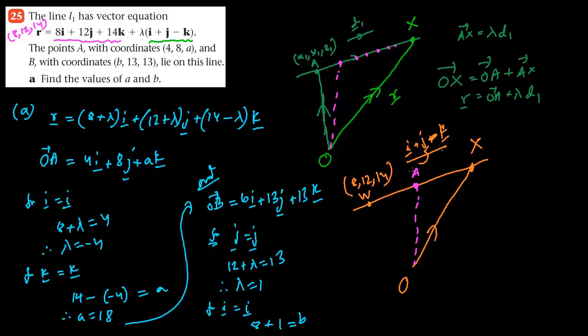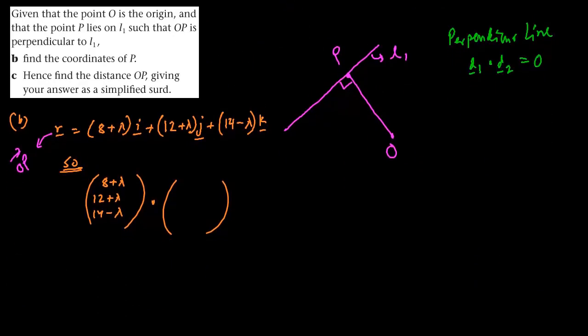That's the vector to which this line is parallel. So the direction vector of L1 is i plus j minus k, meaning 1, 1, minus 1. And this dot product should equal 0.